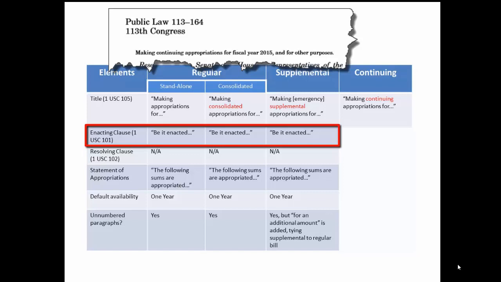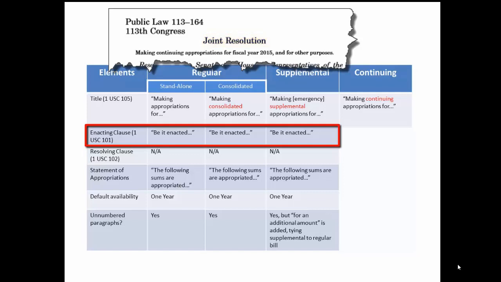It can be either an act or a joint resolution. Joint resolutions are typically used when Congress needs to pass legislation to solve a limited or temporary problem. For this reason, most continuing appropriations are in the form of a joint resolution.